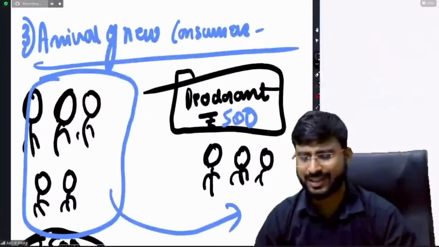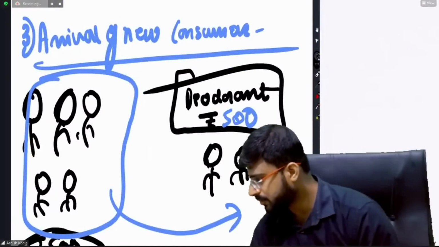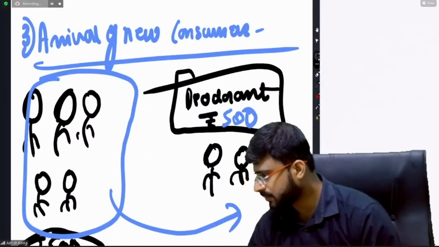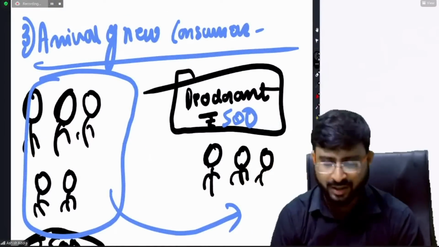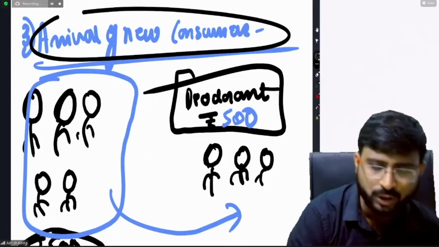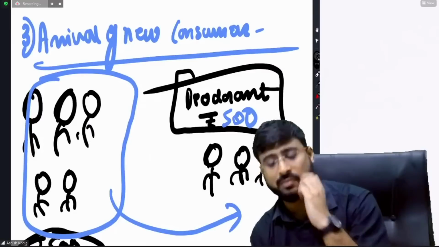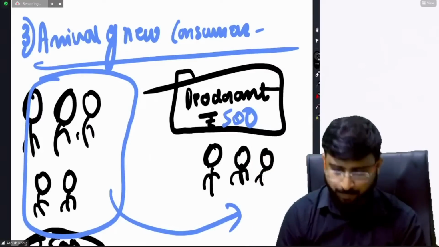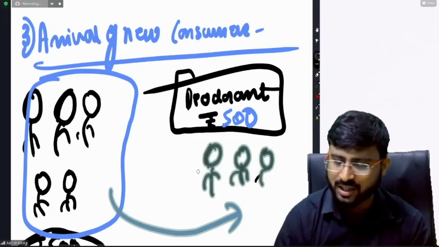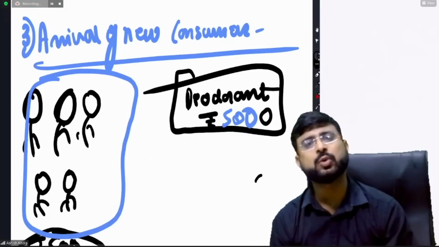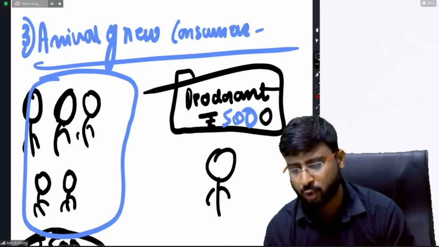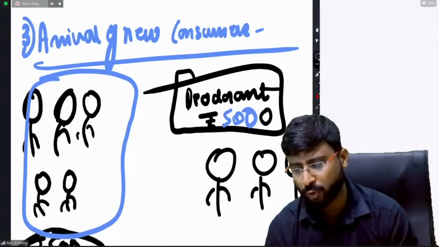Next two exceptions are very easy. Great. Next, arrival of new consumers. Very easy. If new consumers enter, now see what was happening. Suppose initially deodorant price was 5,000 rupees, so only 3 people used to use deo or perfume.